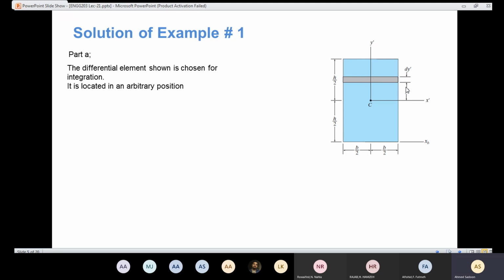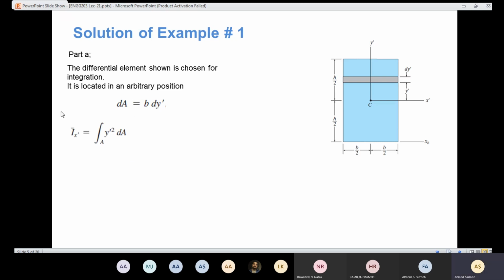If this one is y hat, it means the thickness of the differential area is dy hat, and the width of the differential area is going to be b, since this one is b over 2 and this one is b over 2. So the differential area is b times dy hat, like you can see here.